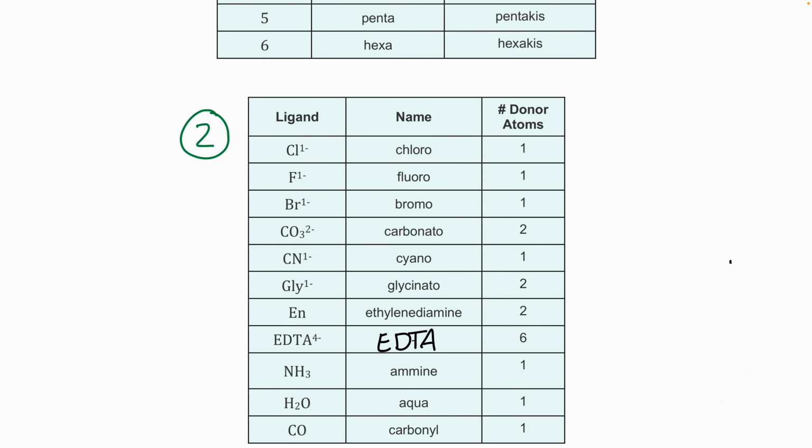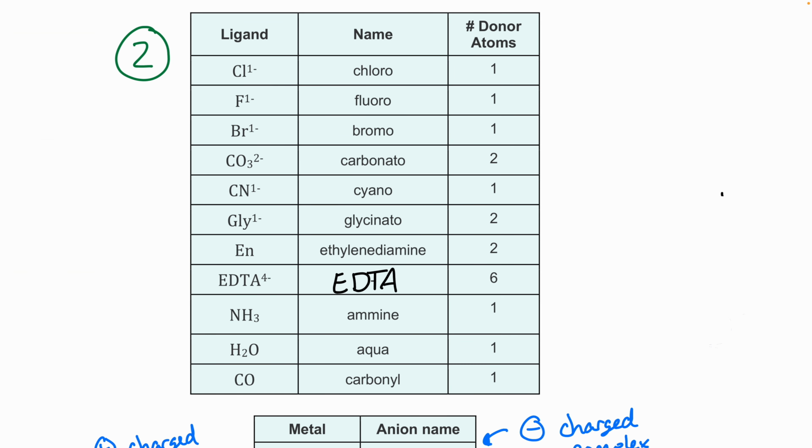All right. So if we look, that's what this extra piece of information is on our ligand chart here. It tells us for each ligand how many donor atoms they have. If you go through the examples that we've done previously, I kind of specifically chose ligands that only had one donor atom. All right.